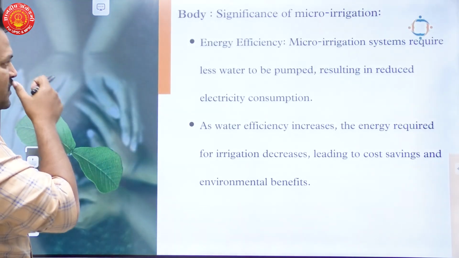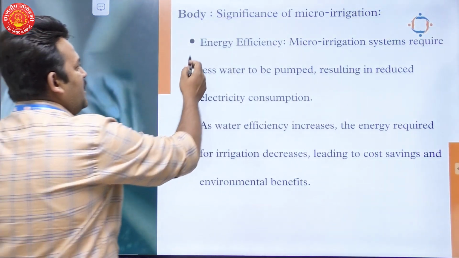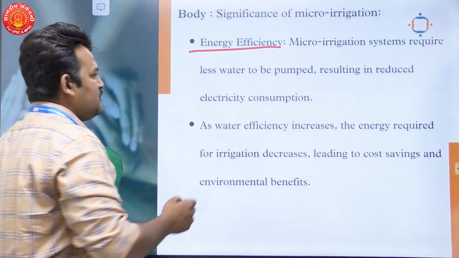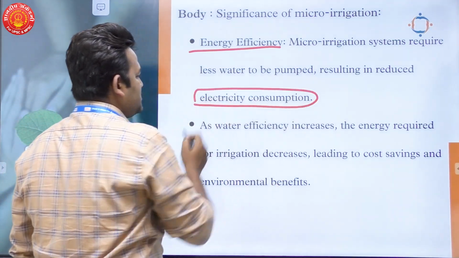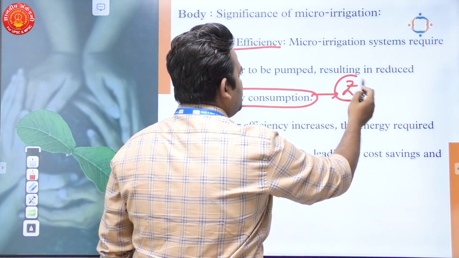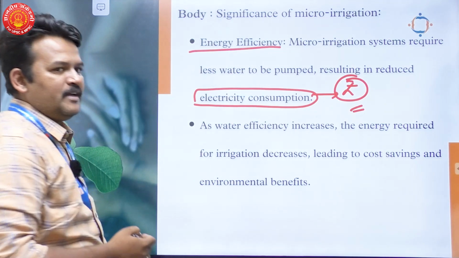The third point focuses on energy efficiency. Micro irrigation systems require less water to be pumped, resulting in reduced electricity consumption, and that will ultimately save some money for our marginal farming community as well.